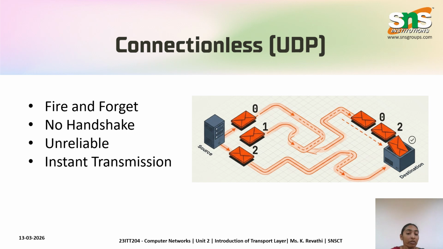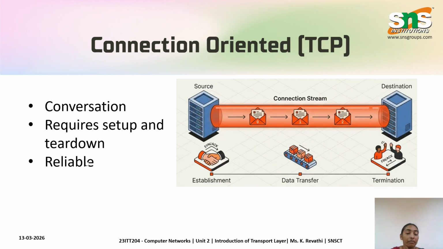It is also an example of an unreliable protocol. It has special features like no connection setup before the data transmission, no reliability, and faster transmission compared to TCP. This is called fire and forget communication. Examples for UDP are online gaming, live video streaming, and video calls.